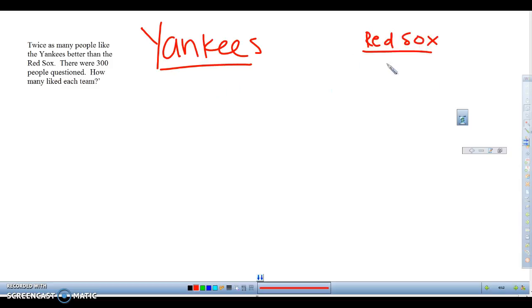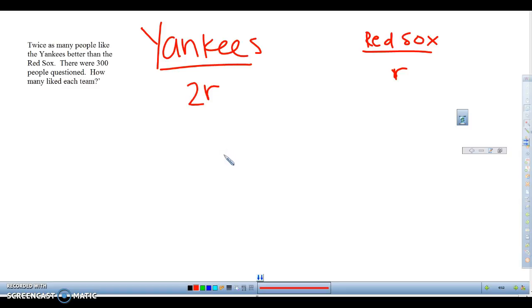And we know that some people, some weird people, right, like the Red Sox, we'll call that R. And then we know that the Yankees are more popular. How much more popular? Twice as many. So 2R.